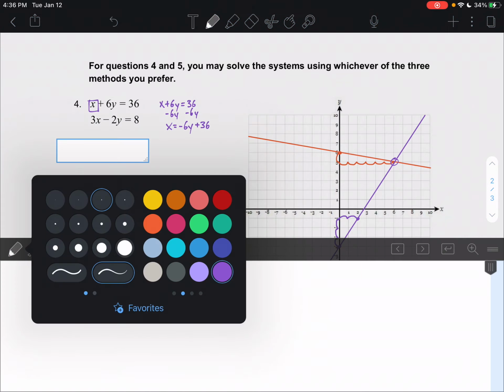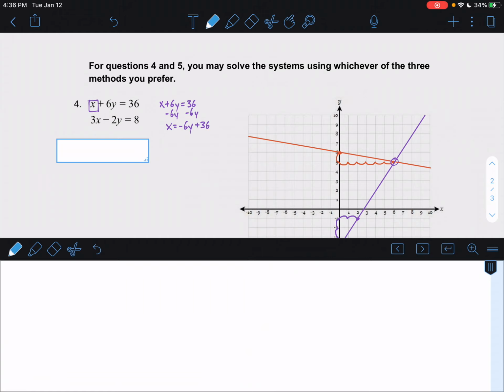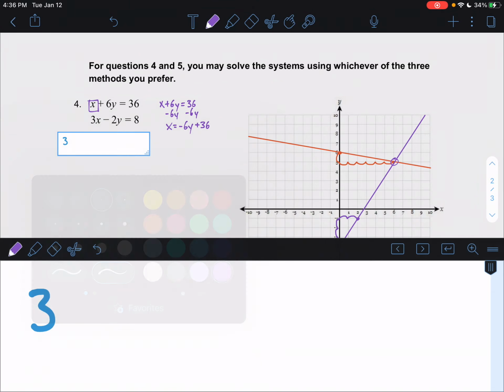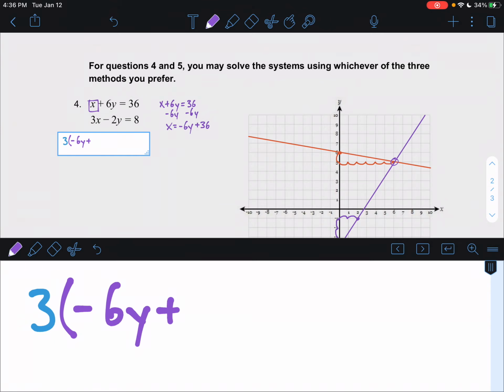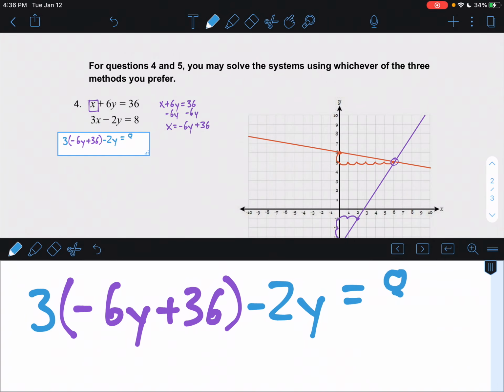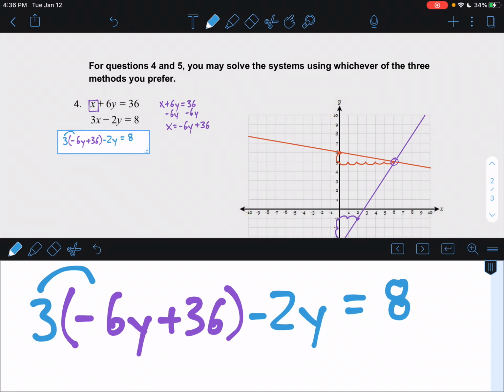And now I'm going to take this second equation and replace the x with negative 6y plus 36. So I have 3 times negative 6y plus 36 minus 2y equals 8. I'll distribute this 3.